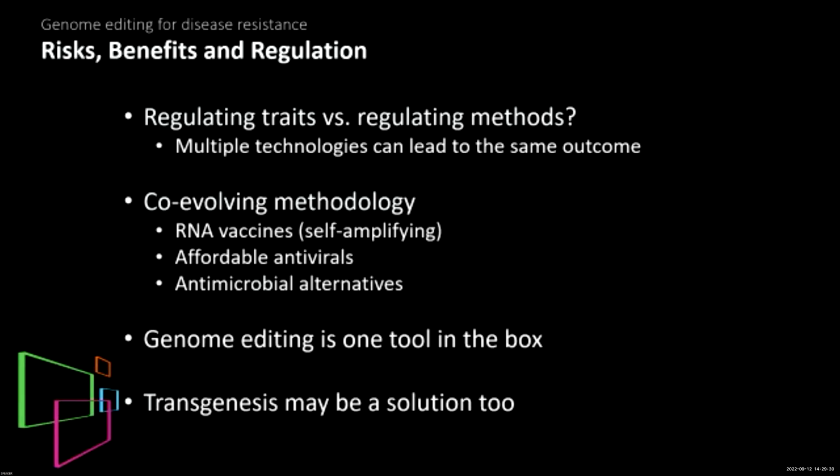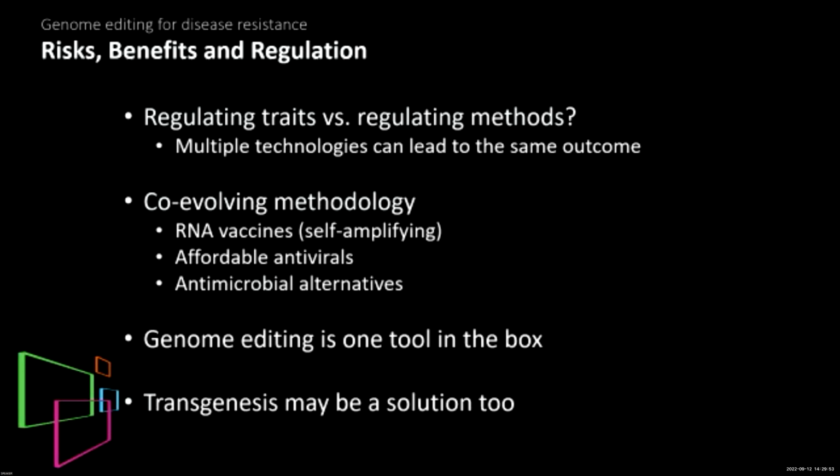We have new vaccine technology that is not very broadly used in animals, which is RNA vaccines or amplifying RNA vaccines, affordable antivirals, basically not touched in animal biotechnology, but also the obvious antimicrobial alternatives.